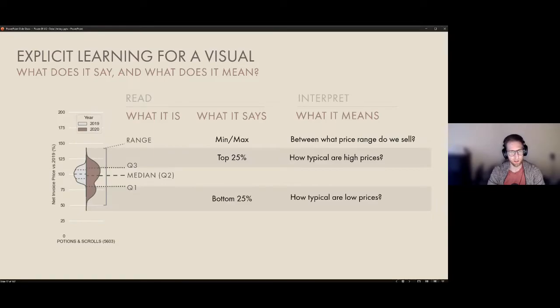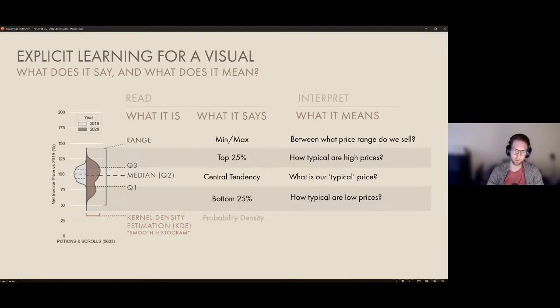We also see the dashed line, which is our median. This breaks our data into two different points. It's a measure of central tendency, and it tells us what our typical price is. And we can also compare this from the left to the right. But what really makes the violin chart unique, and why it's so valuable in this analysis, is this shape. This is the kernel density estimation, but you can think of it like a smooth histogram on its side.